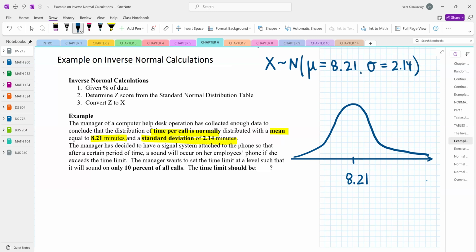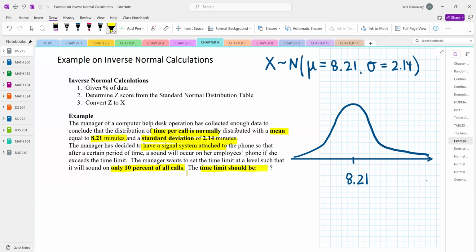Now, we need to find the x value that represents the time limit such that only 10% of all phone calls will exceed that time limit. What happens if the time is being exceeded? Well, in that case, the operator will hear a sound in her system alerting her that she exceeded the time of the call.